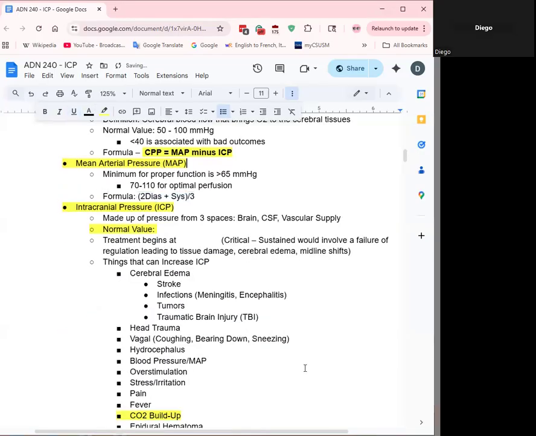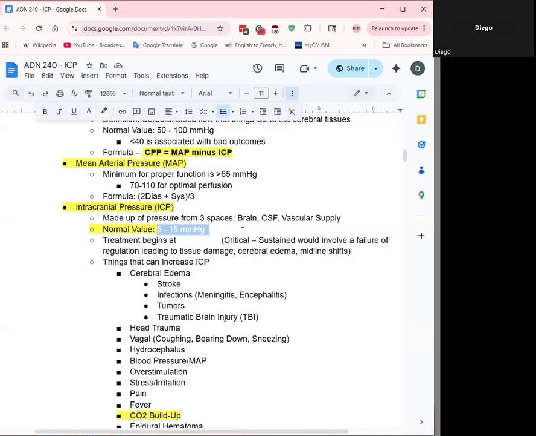Okay, then your ICP. Like I mentioned before, your intracranial pressure is made up of the pressure between your brain, your cerebrospinal fluid, and your vascular supply. Donnie mentioned the normal value 7 to 15, which might differ depending on where you're coming from.